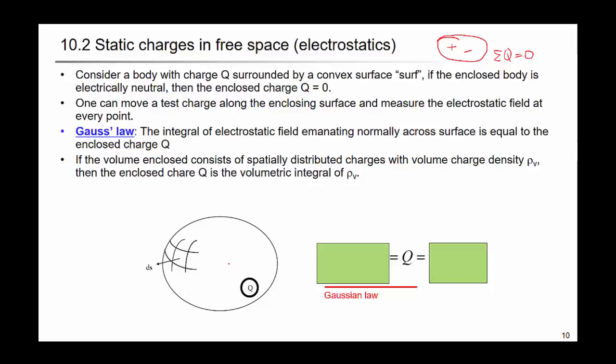Let's think about this. Inside you have a cube surrounded by a convex surface, and you have a test charge that's plus 1.